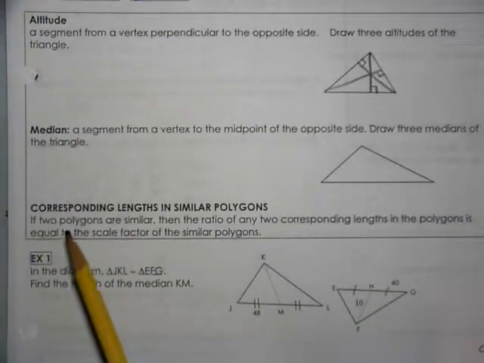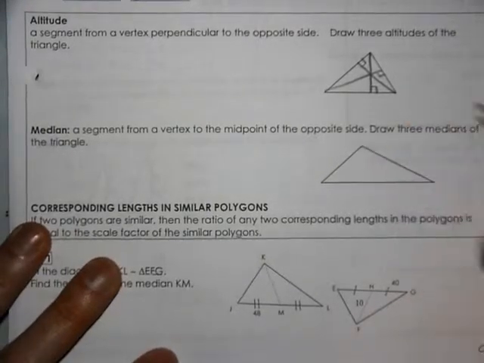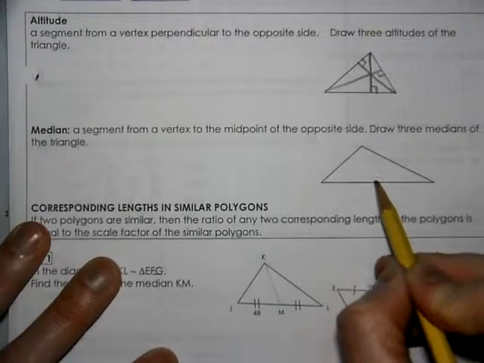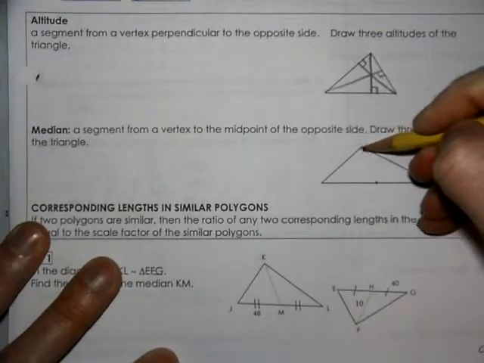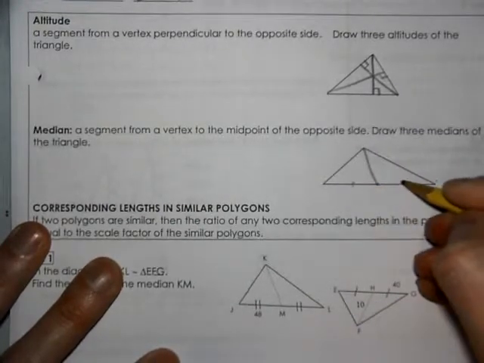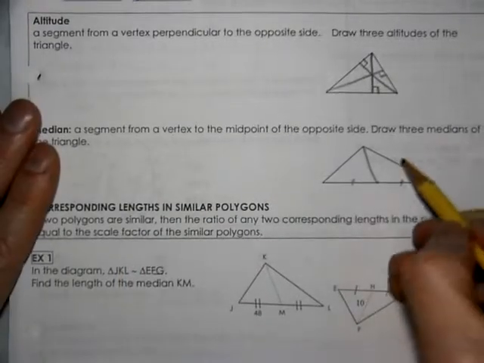A median is very similar to an altitude. It goes from the vertex and it finds the midpoint of the opposite side. And it connects that. So you're sure to have the same value on both sides of that midpoint.